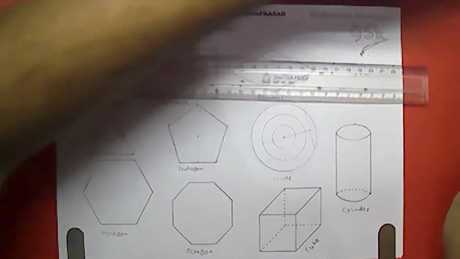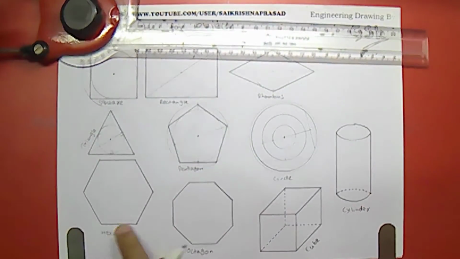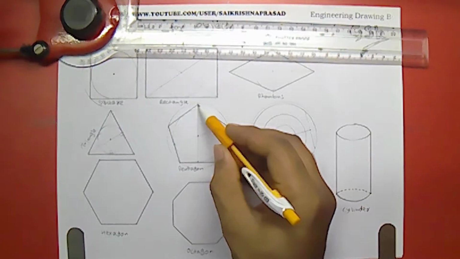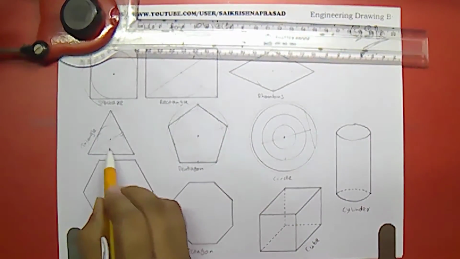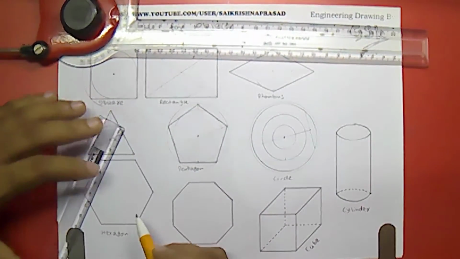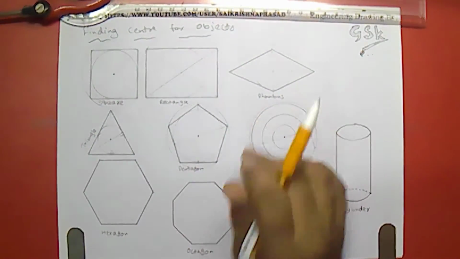Just because these are even in number, 1, 2, 3, 4, 5, 6, and because those were odd in number, that's why we drew perpendicular bisectors from the sides here, here and here. But here we don't require any perpendiculars because we have opposite corners, same as square, rectangle and rhombus.